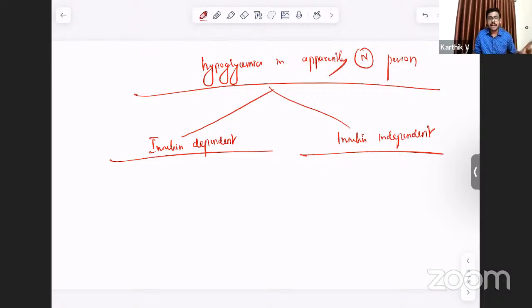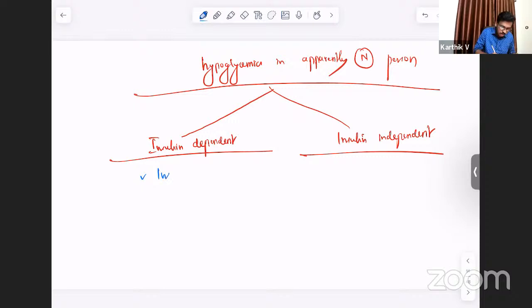We have learned that in a normal individual with intact response to hypoglycemia, insulin secretion should cease to zero level at a glucose level of around 80 milligram per deciliter. So if the blood glucose is 50 milligram per deciliter and the insulin levels are still high, then you can be sure that the patient is having insulin dependent hypoglycemia.